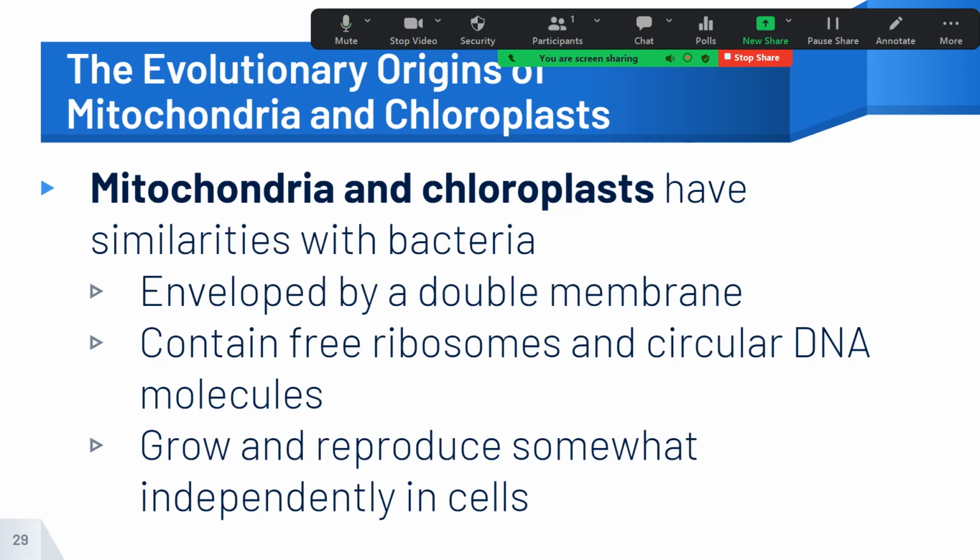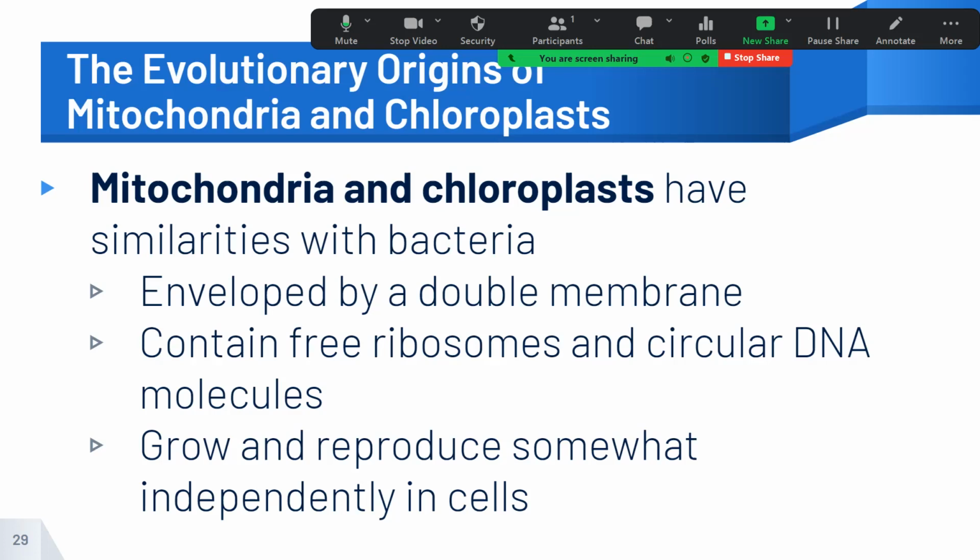But both of them have similarities with bacteria. And because they are very similar to bacteria, that is evidence towards the endosymbiotic theory. They are both enveloped by a double membrane system. They contain free ribosomes and circular DNA molecules.